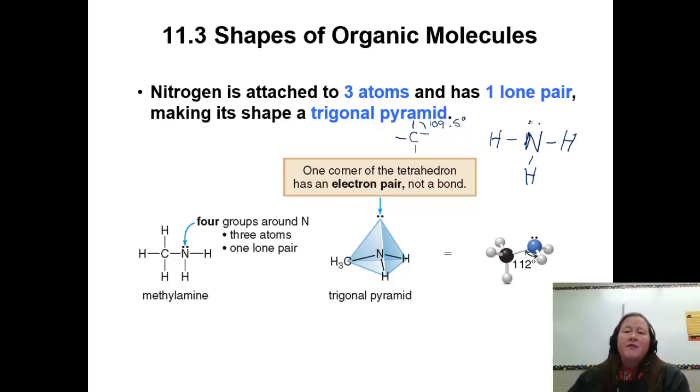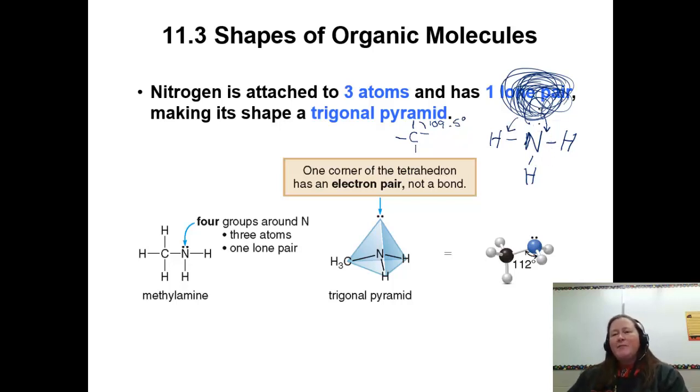Now let me tell you something about this lone pair of electrons. This lone pair of electrons is billowy. It's taking up a lot of space. See that? Billow, billow. Now, what tends to happen is it exerts a downward force on the rest of the molecule.